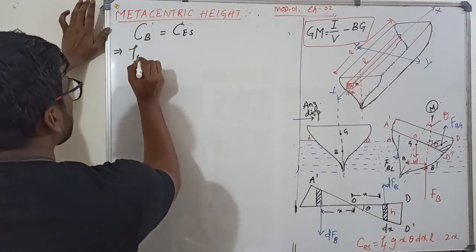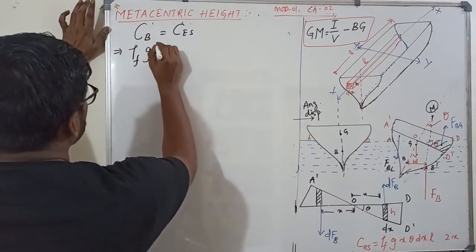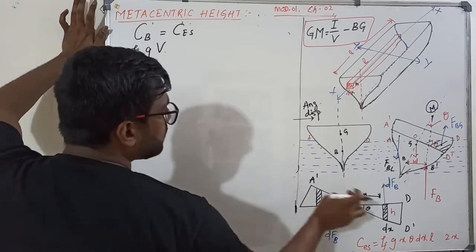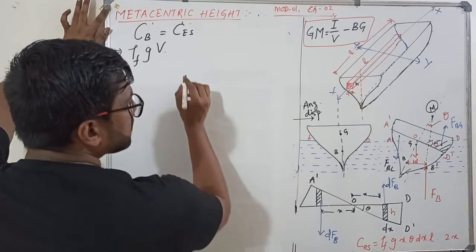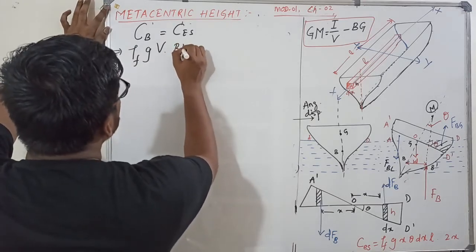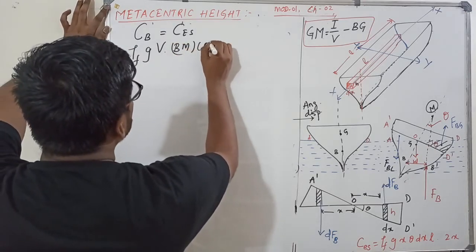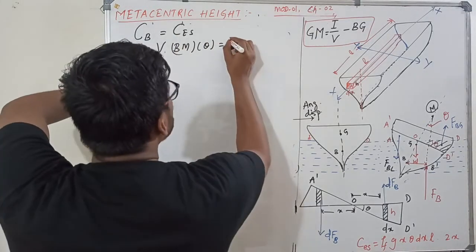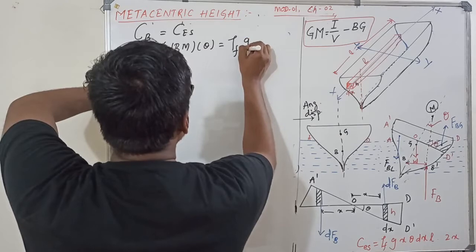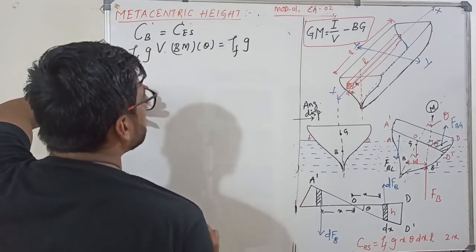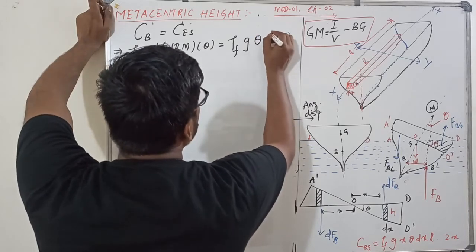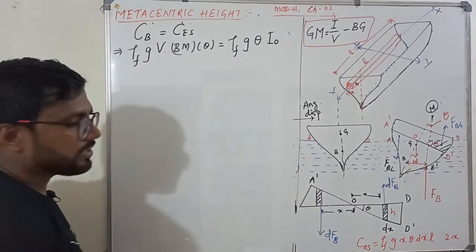You got ρf into g multiplied by the volume displaced into BB', which you found as BM into θ. Very good. For the wedge, you got ρf multiplied by g multiplied by θ, and you got I₀. Correct?